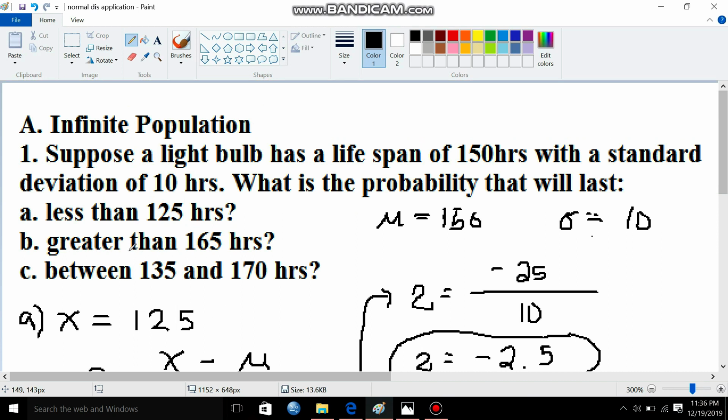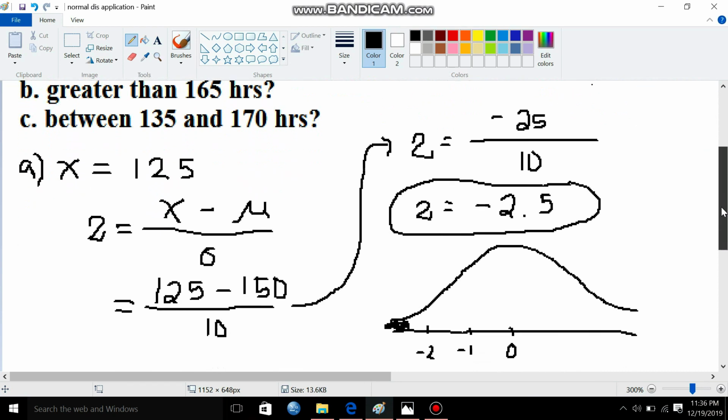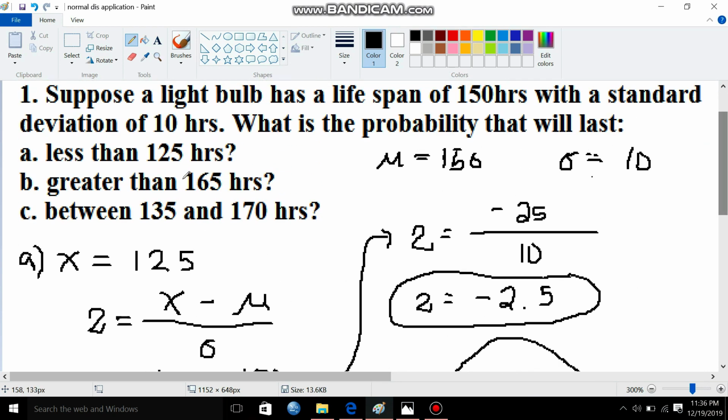Now for greater than, the approach is to do the solutions on greater than.